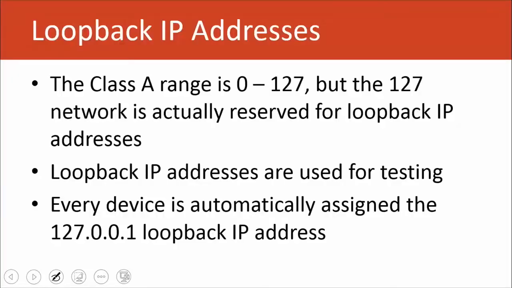All right, so one thing about Class A is that there is a reserved network address for loopback IP addresses. Loopback IP addresses are used for testing and ensuring that your network adapter is properly functioning. Every device is automatically assigned the 127.0.0.1 loopback IP address.